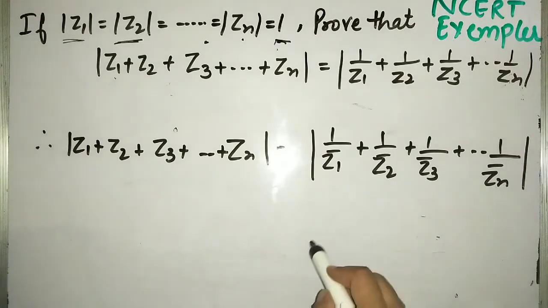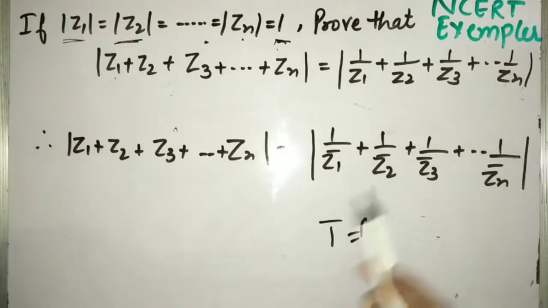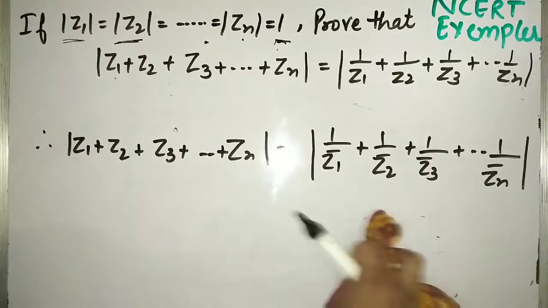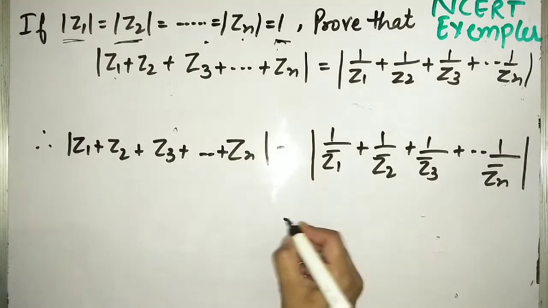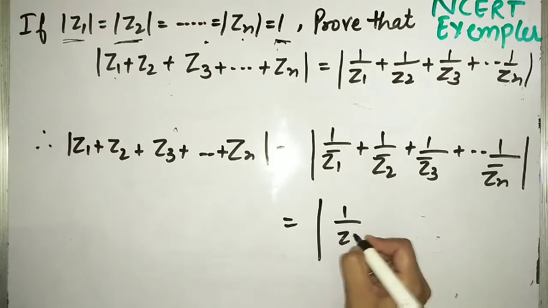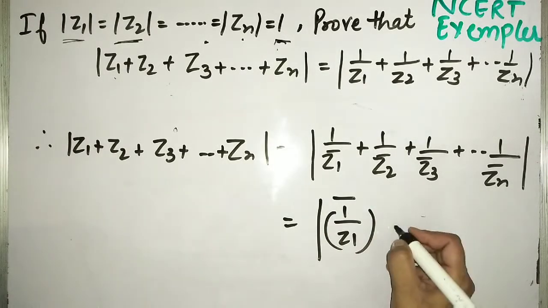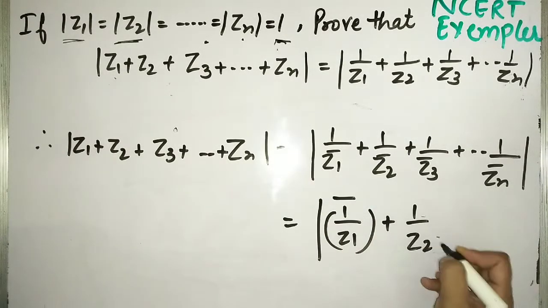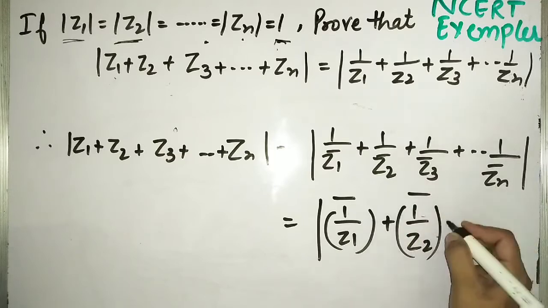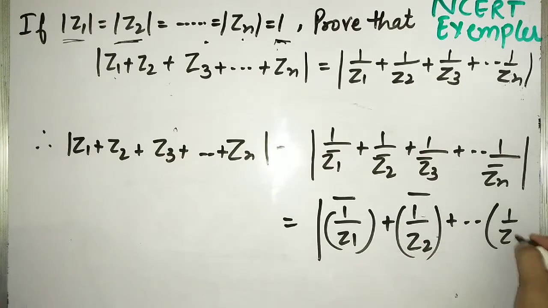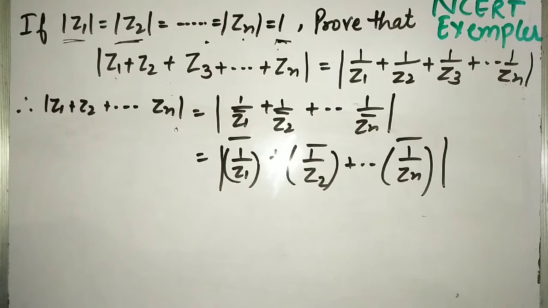Now students, you know it very well. What is the conjugate of 1? It is 1. And 1 conjugate is 1. Therefore, it can be written as 1 upon z1 conjugate plus 1 upon z2 conjugate, up to so on 1 upon zn conjugate. Okay, now you know it very well.